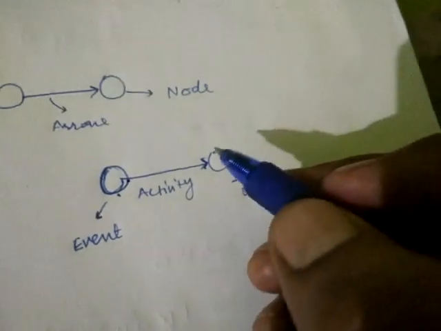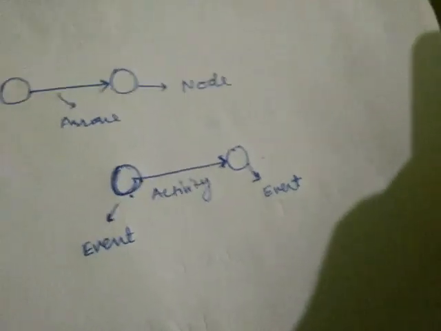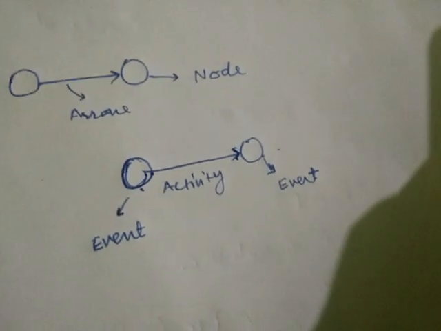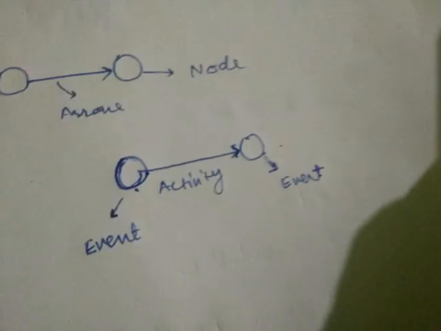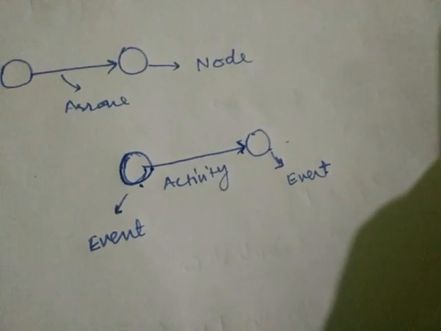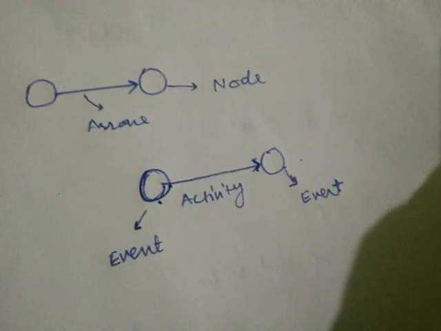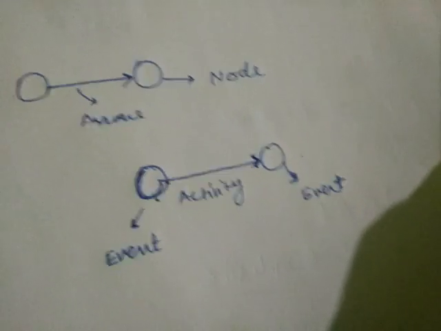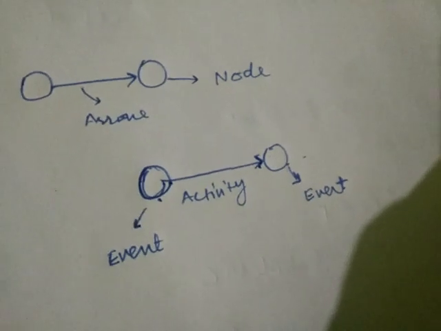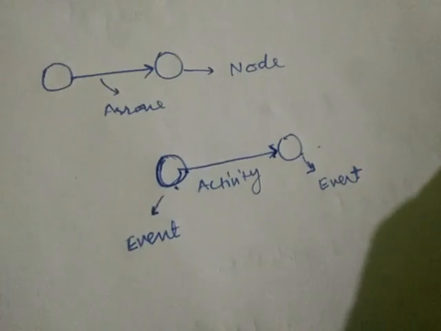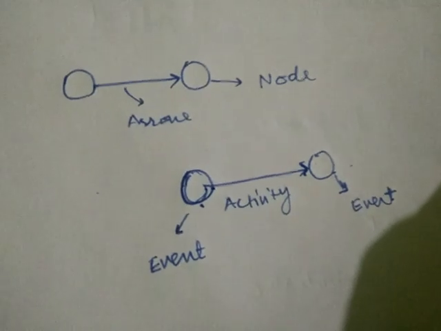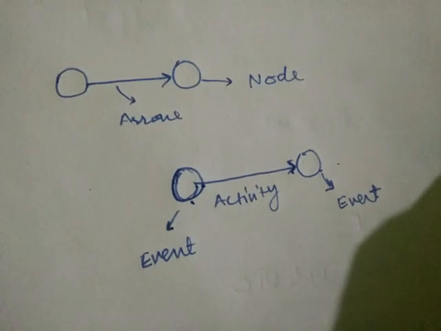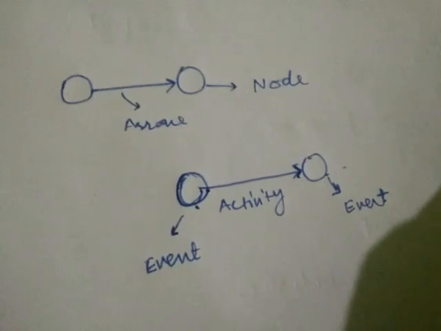Now, the difference between activity and event is very simple. Event is a particular time reference. And activity takes time. There is a duration involved in the activity. It will be more clear if I take this example. Suppose this class starts at 10 and ends at 11.